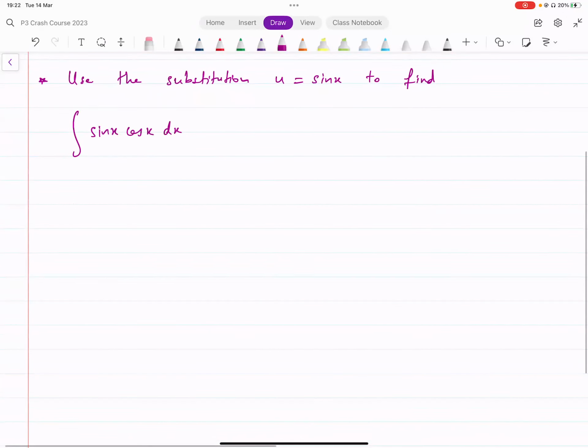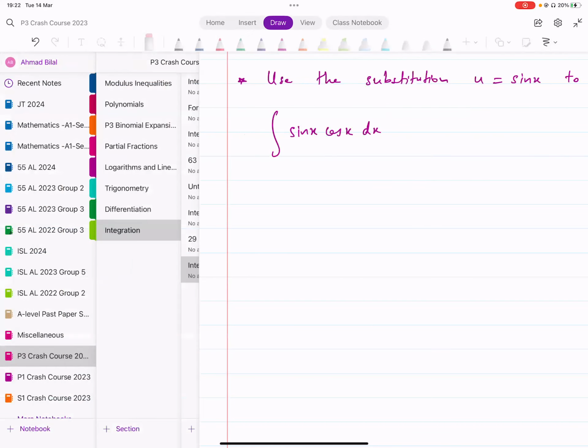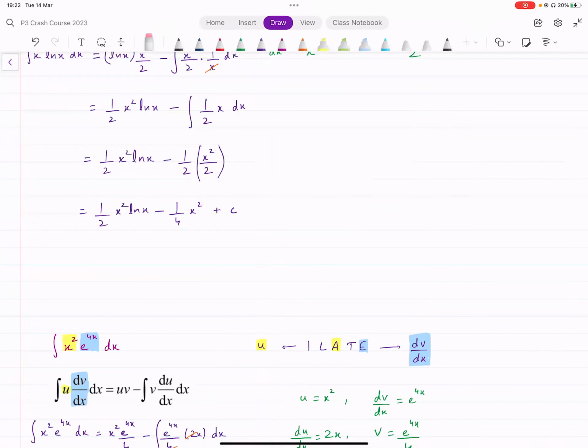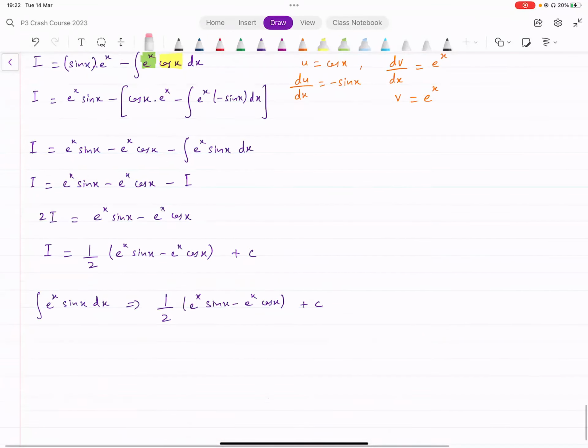Now, this is something that you could integrate using integration by parts as well. Sine x into cos x is a product. You could try integrating this using integration by parts. For this, however, you'll have to use the idea that we did at the end in integration by parts.